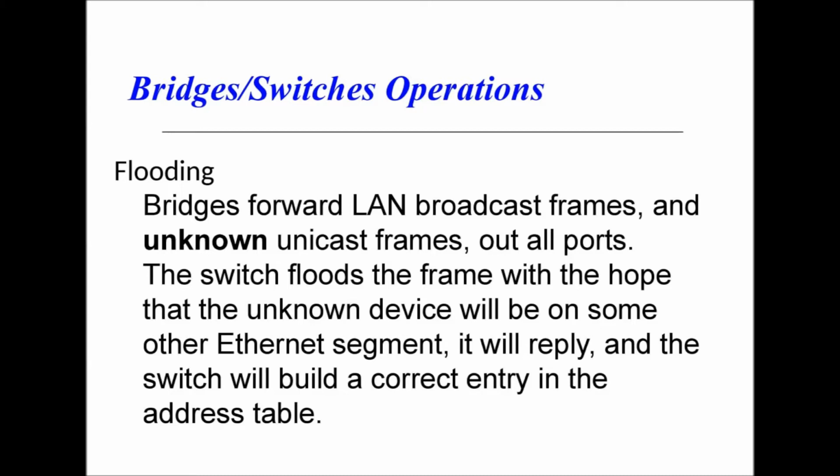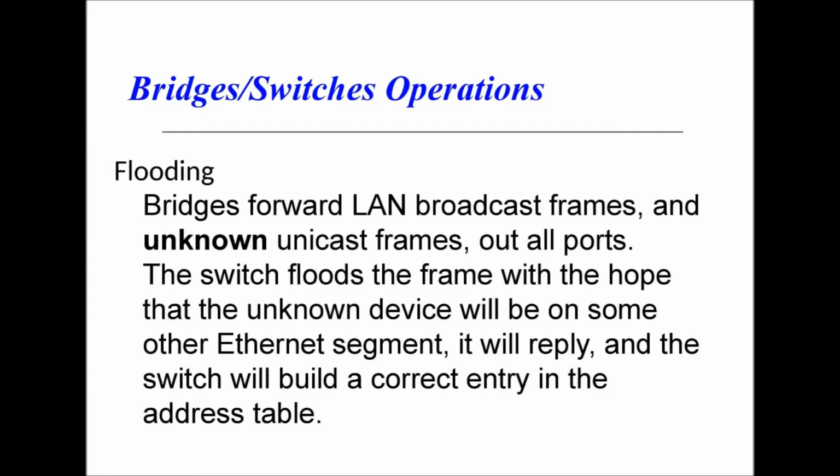And when the frame is broadcast, all the connected devices will see the frame, but only the intended device will reply. So this is called a unicast. Second point, the switch floods the frame with the hope that the unknown device will be on some other Ethernet segment. It will reply and the switch will build a correct entry in the address table.